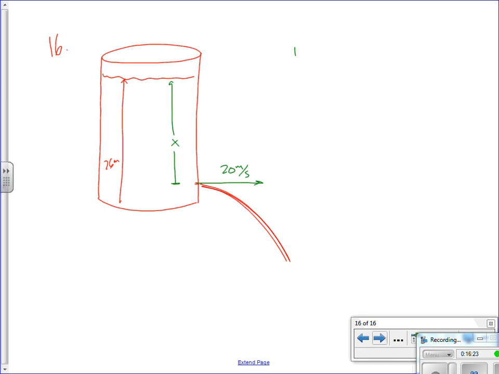So this is Bernoulli. P1 plus rho GH1 plus 1/2 rho V1 squared equals P2 plus rho GH2 plus 1/2 rho V2 squared. Conservation of energy. We'll call this 1, we'll call this 2. Open to air, open to air.